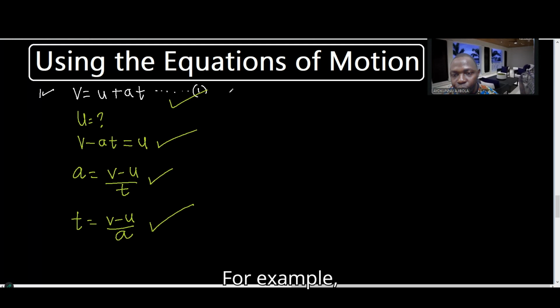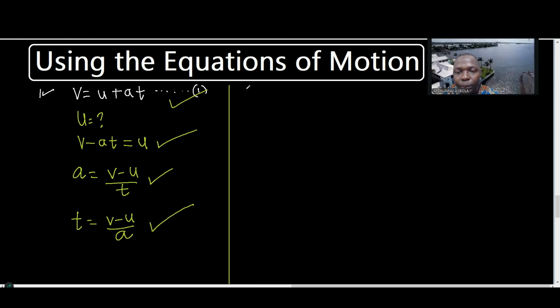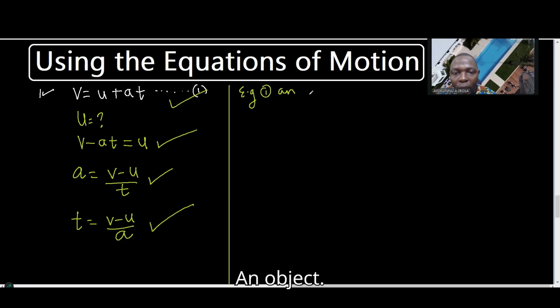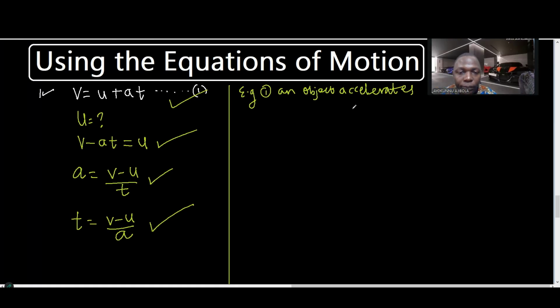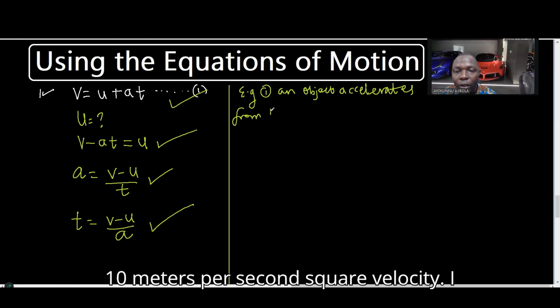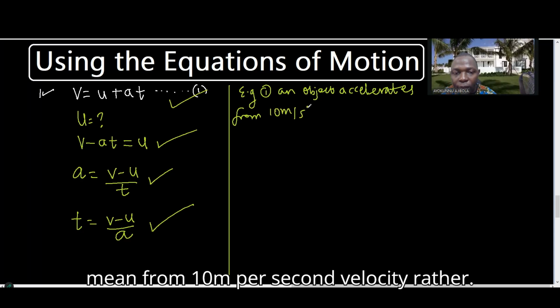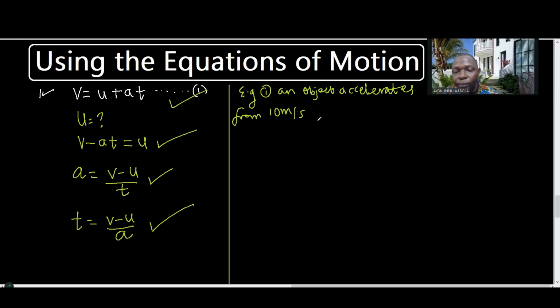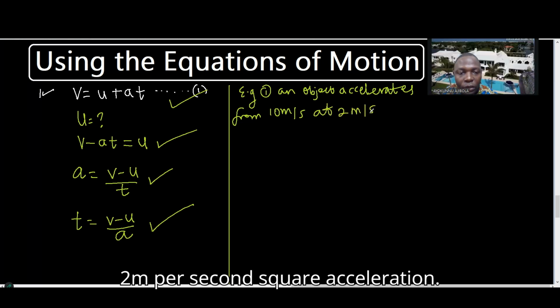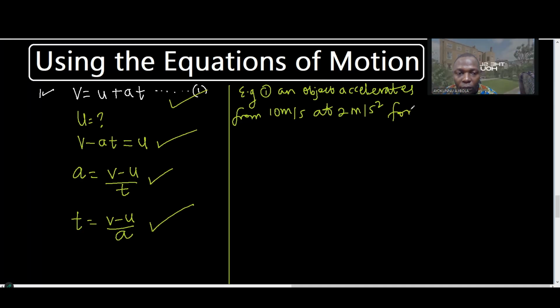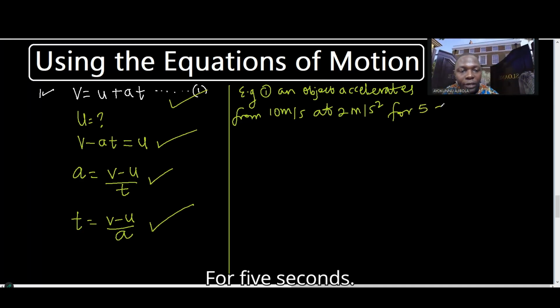For example, an object accelerates from 10 meters per second velocity at 2 meters per second square acceleration for 5 seconds.